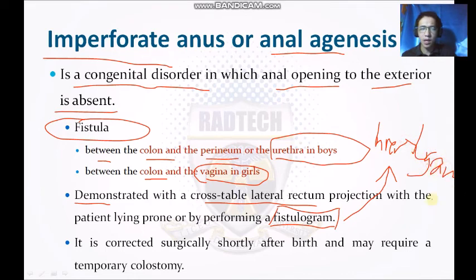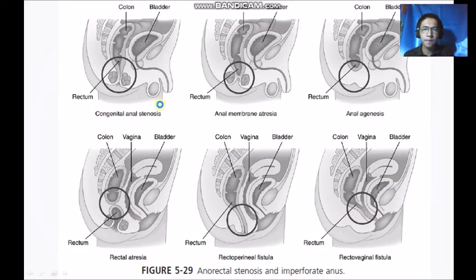It is corrected surgically shortly after birth if ever a baby pa ang patient and may require a temporary colostomy. Okay, so these are examples of imperforate anus or the anal agenesis.